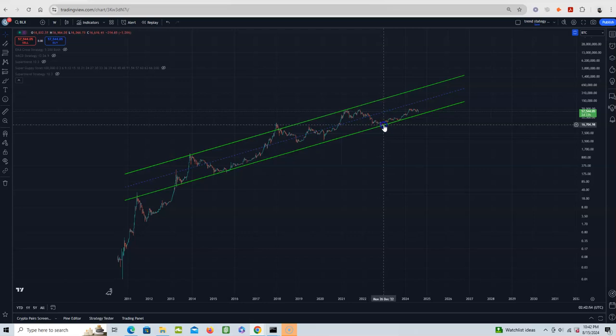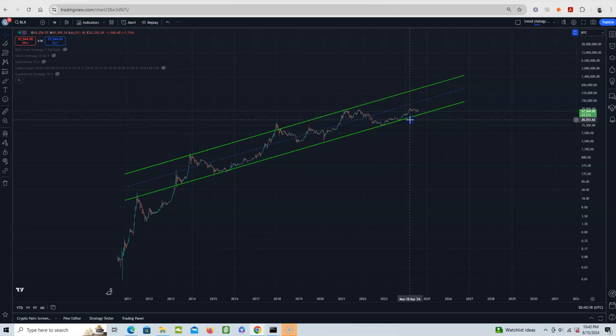It doesn't seem like that long ago, but it was a while ago. And the question is, will we break the trend line or will we continue going forward?